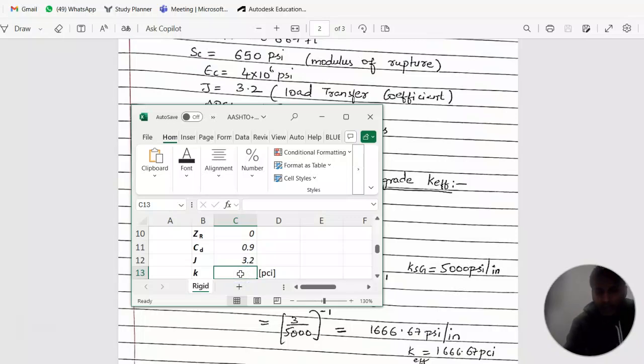because if we take 1666.67 according to the solution which I solved, we will get a high value. So if we want to get the answer as 8.5 into 10 power 6, we have to take the PCI value as 350. So we can get the exact value of 8.5 into 10 power 6.